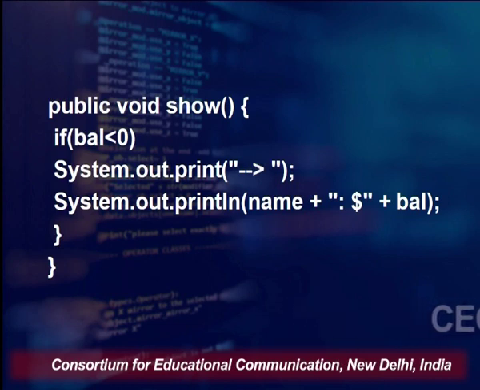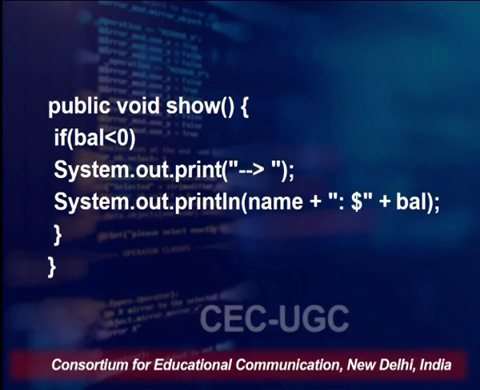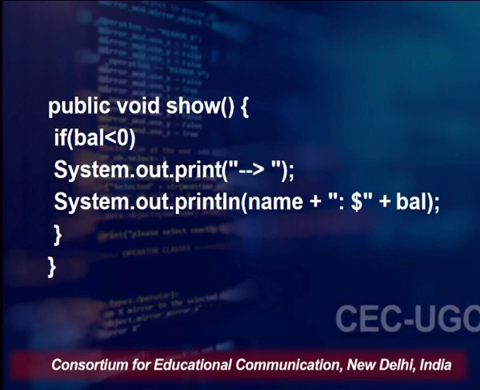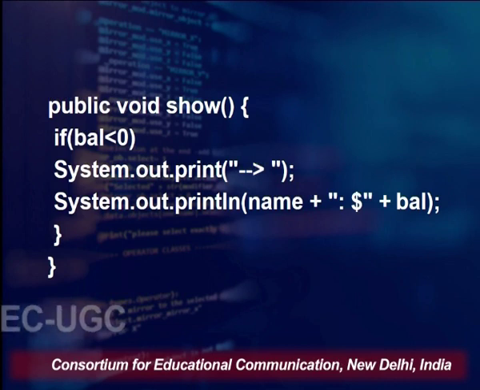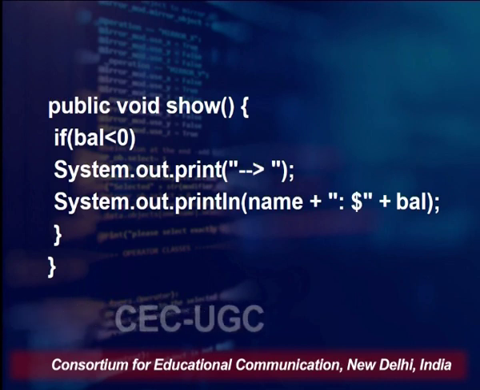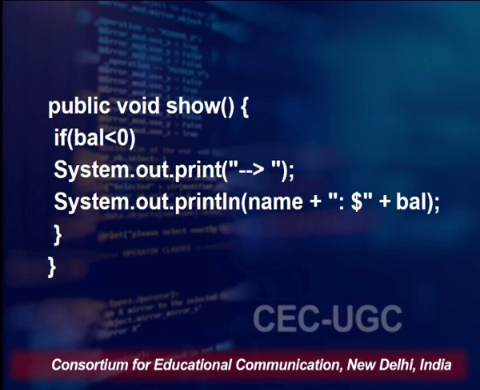So, what I want to highlight here is, as we have made this class Balance public, we have also made the constructor of the class Balance public, and likewise the show method belonging to the class Balance is also public.